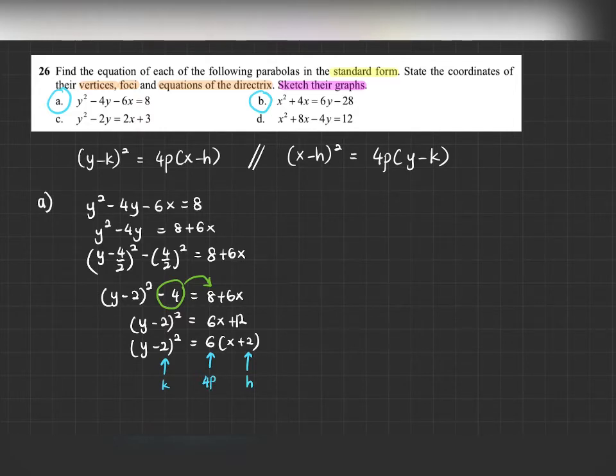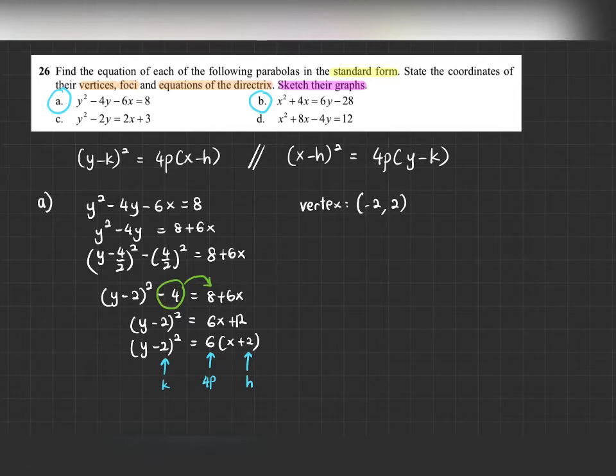Now let's list where the vertex is. The vertex will be at (-2, 2). The -2 comes from the positive 2 here; we change the sign, so positive 2 becomes negative 2. Then we need to know which way it opens: left or right, or up and down. Since our equation is (y - k)^2, it will open left or right.